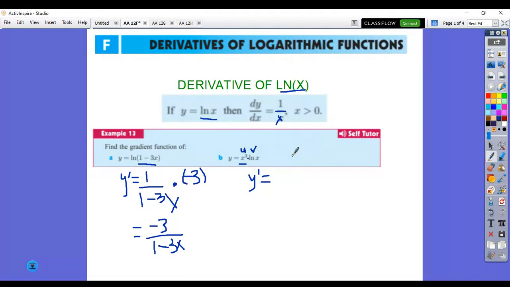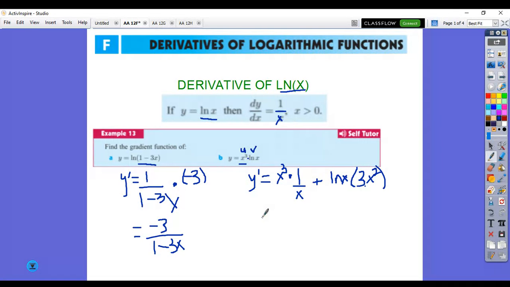So we have u, x to the third, times v prime, 1 over x, plus v, ln x, times u prime, the derivative of x to the third, 3x squared.